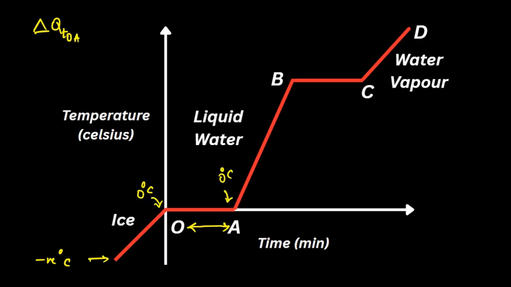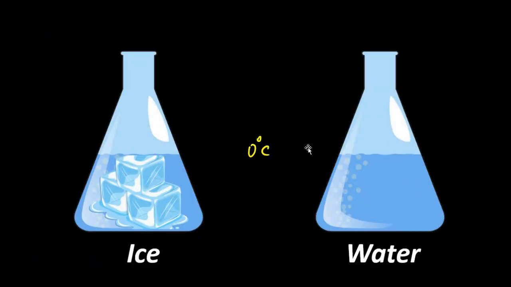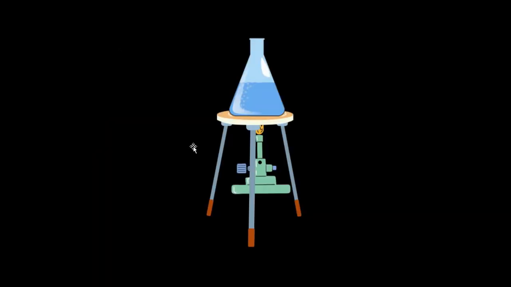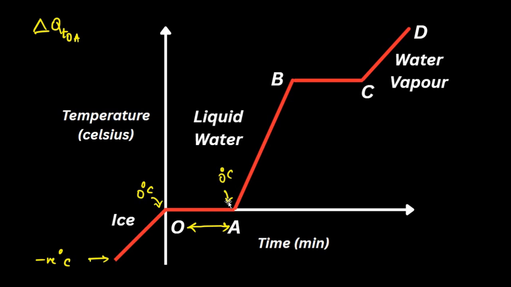Now after the entire ice is converted into water, and again we keep on continuously supplying heat, there is a rise in temperature. The temperature rises with time until we reach this point, let's call it B dash.